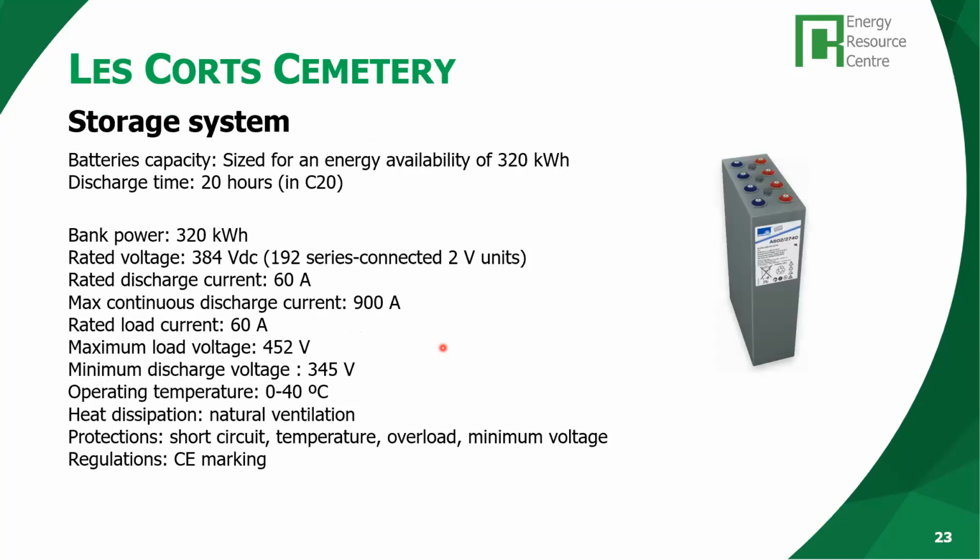So this was the battery that was finally selected, working at a rated voltage of 384 volts DC, and a total bank capacity of 320 kilowatt hours. They were sized and specified in C20, with capacity rated at a discharge time of 20 hours.